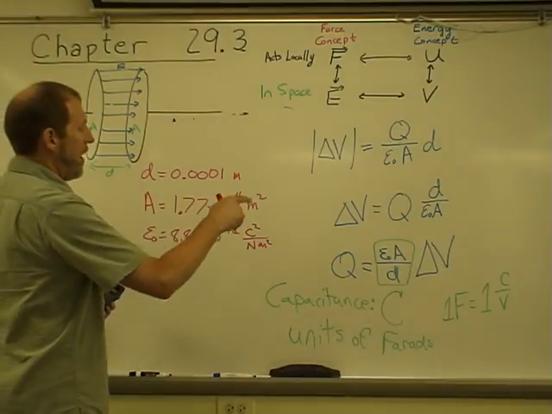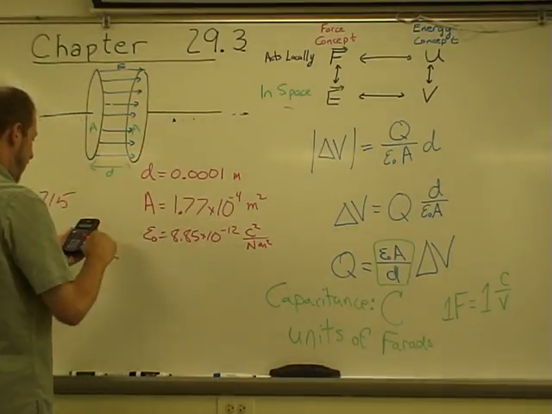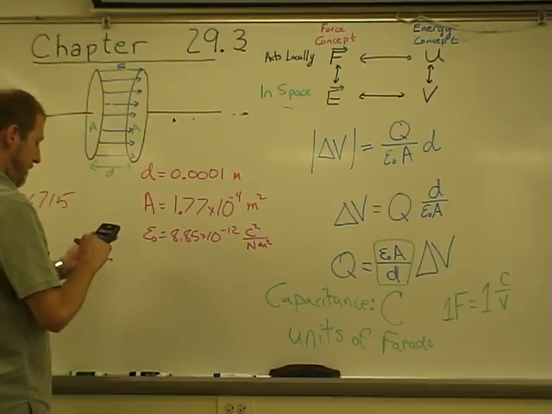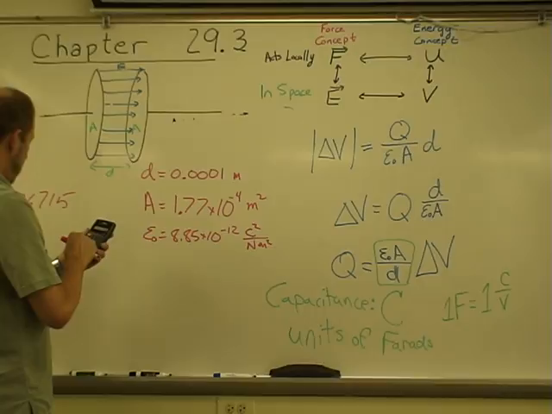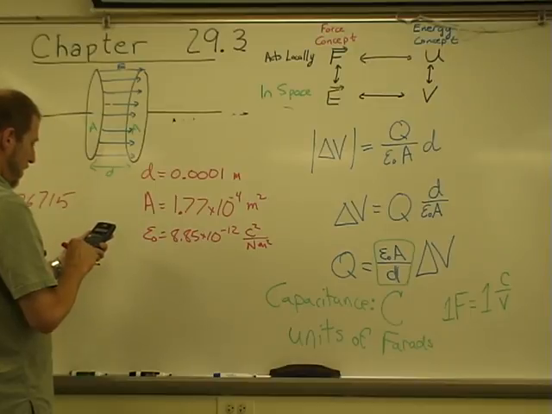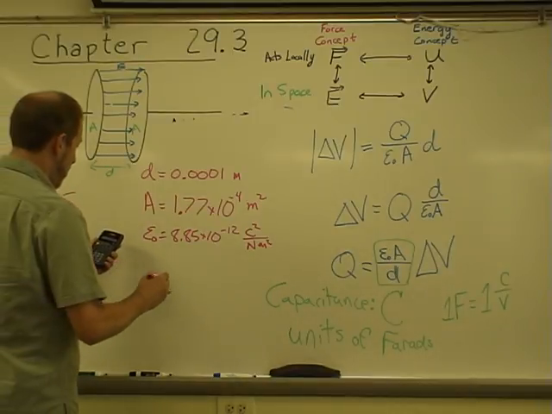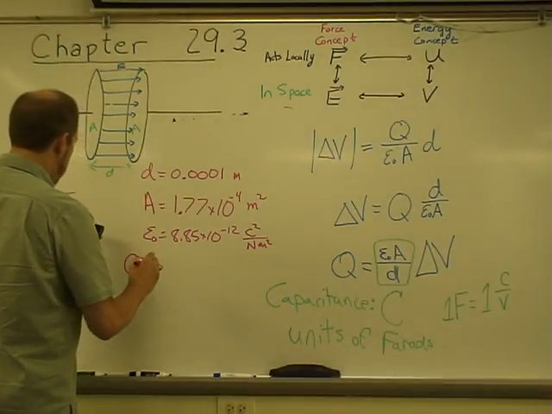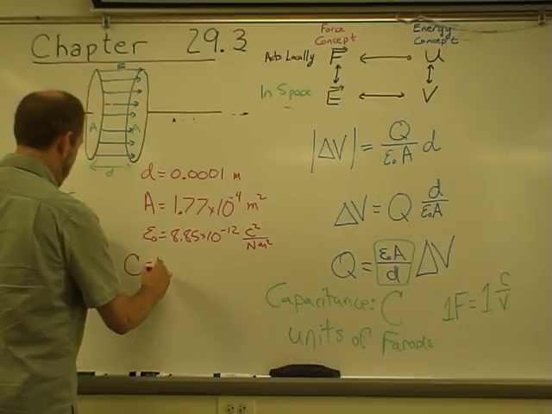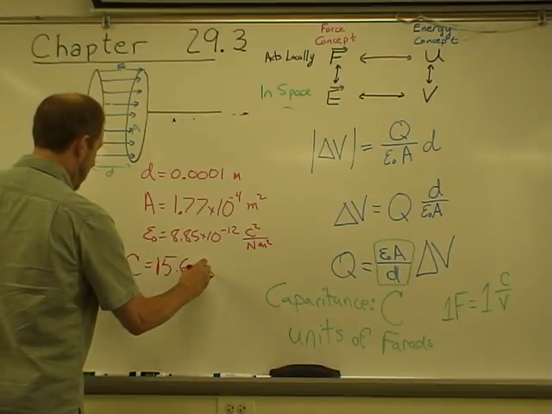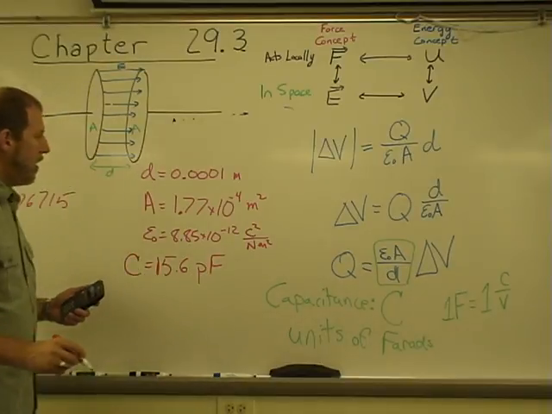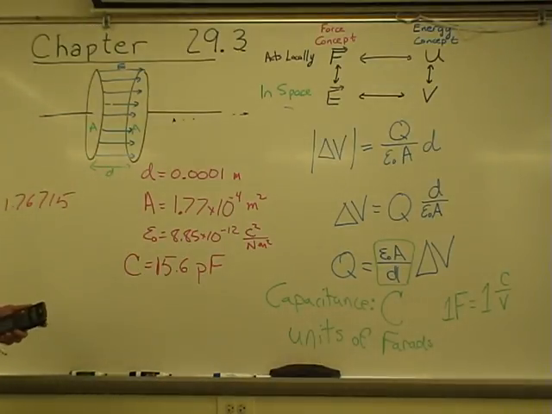So the capacitance of this will be epsilon naught times the cross-sectional area divided by 0.0001, which would give us a capacitance of 1.56 times 10 to the minus 11th farads, or 15.6 picofarads.